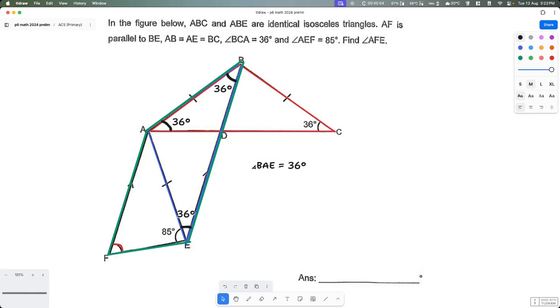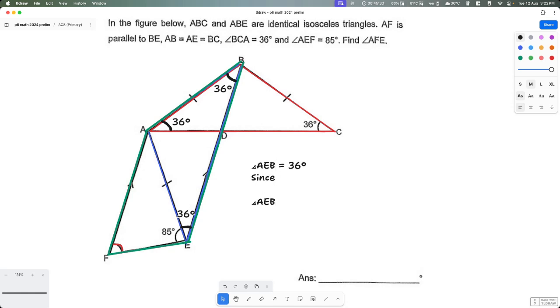Sorry, angle AEB is equal to 36 degrees. We also know that AEF is 85, so angle AFE is the one that we're looking for.